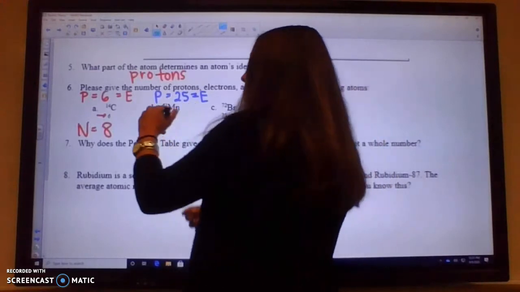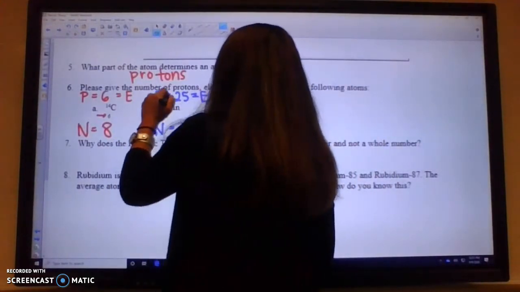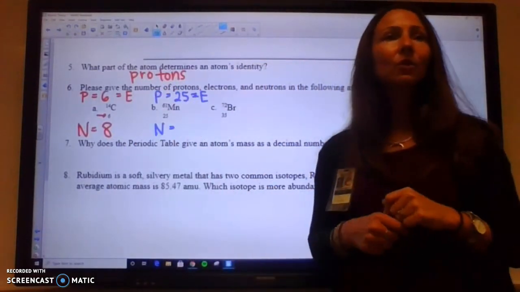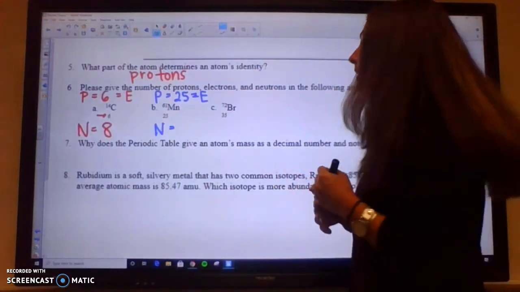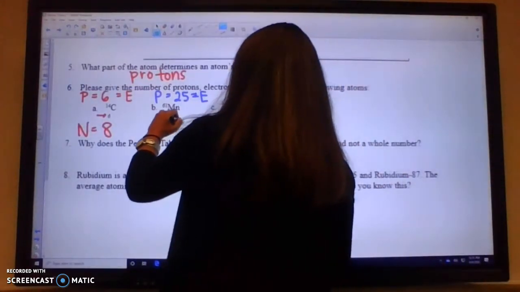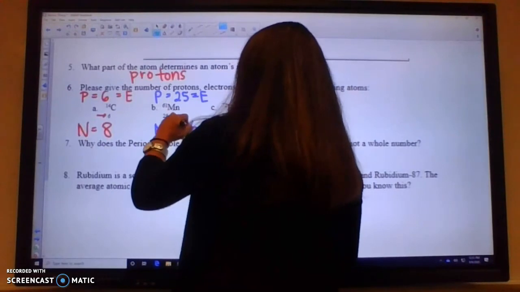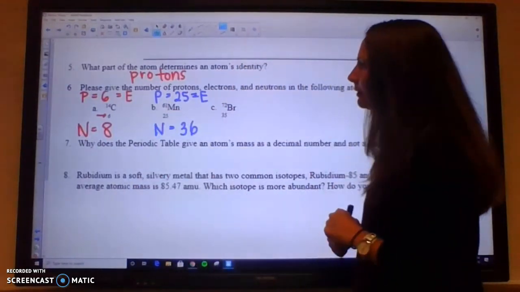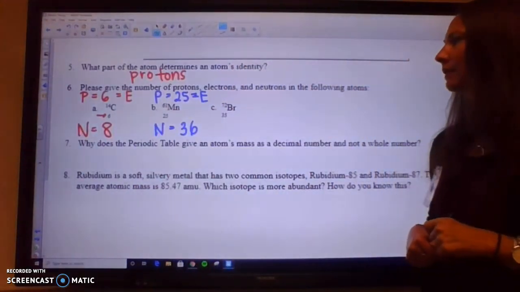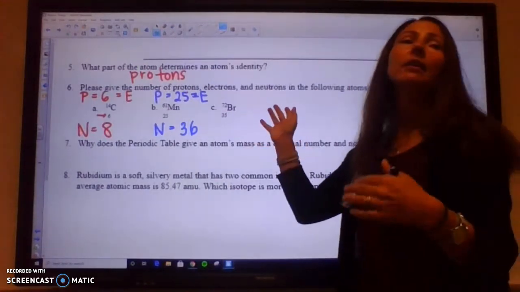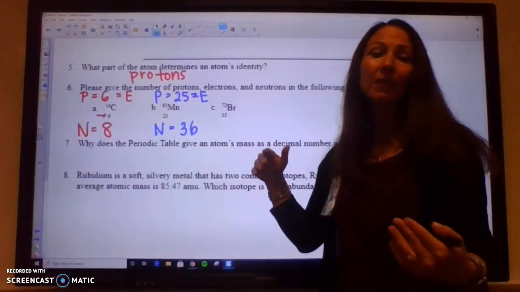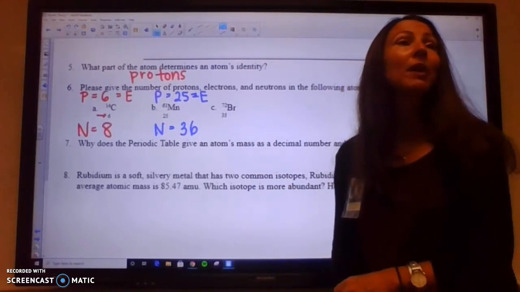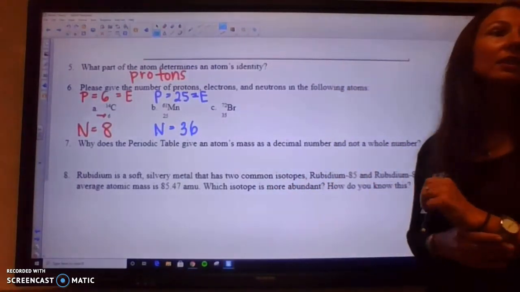To get the neutrons, we subtract again the mass of 61 minus 25 protons gives us what? I think it's 36 neutrons. Okay? And then same thing for letter C. I'm going to skip that because I have 3 more minutes on the screencast to finish this.